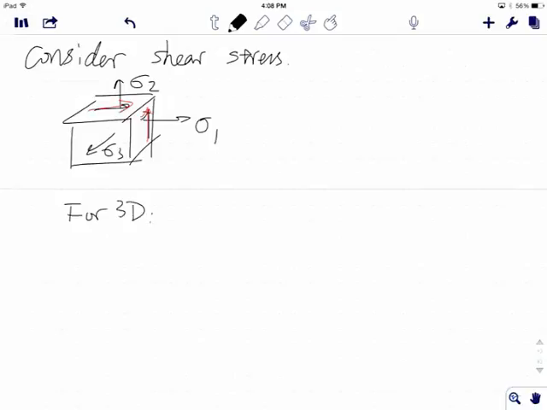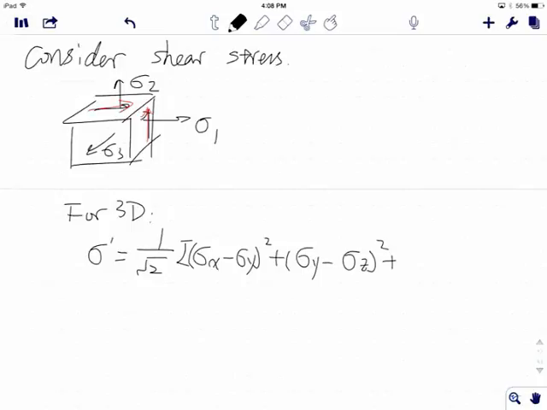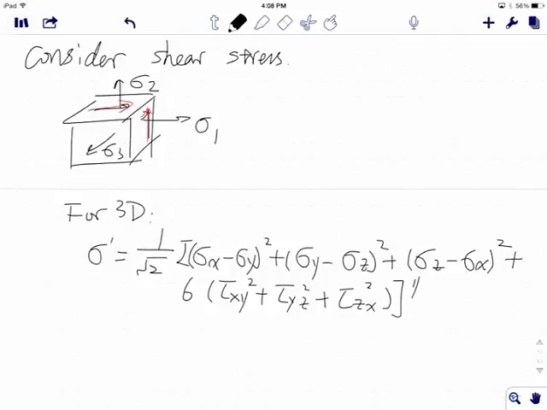So for the 3D case, for three-dimensional loading, sigma prime equals the square root of 1/2 times [(sigma x minus sigma y) squared plus (sigma y minus sigma z) squared plus (sigma z minus sigma x) squared] plus 6 times (tau xy squared plus tau yz squared plus tau zx squared).